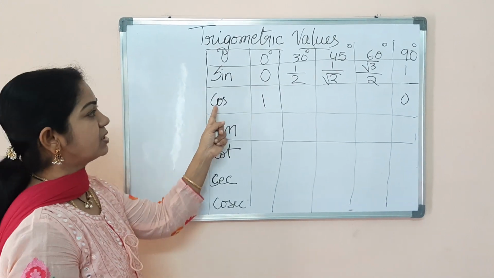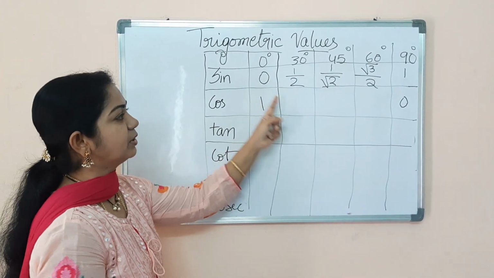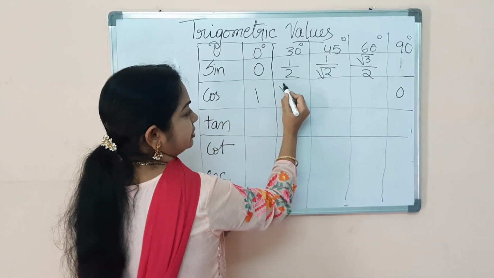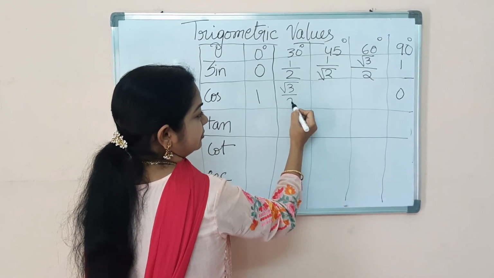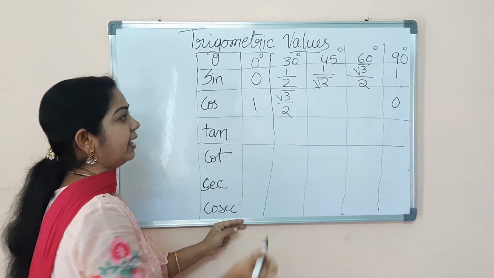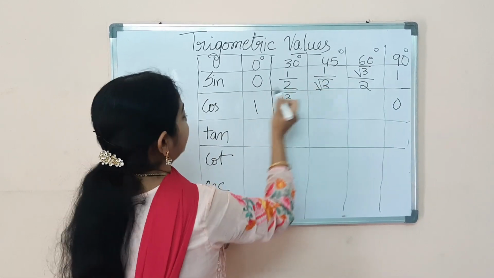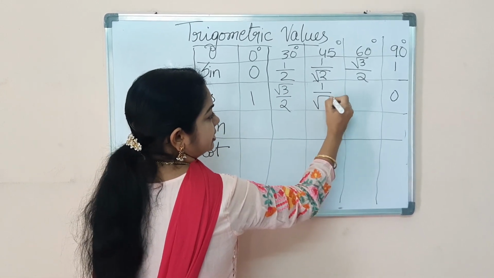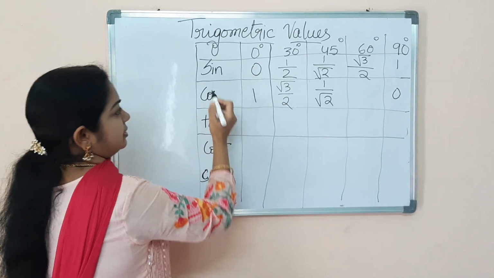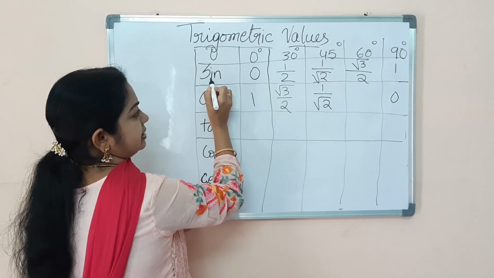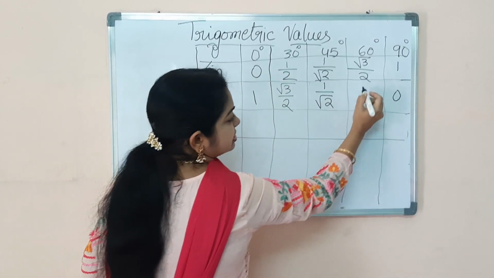Cos 30 degrees is equal to sine 60, so you simply note down cos 60 as sine 30, like this. And sine 45's complement is cos 45, so you write down the same value.